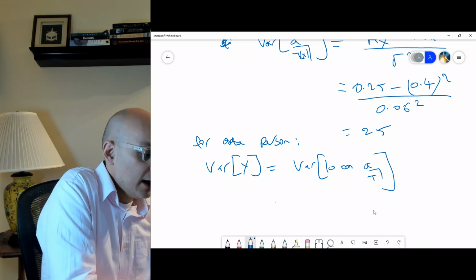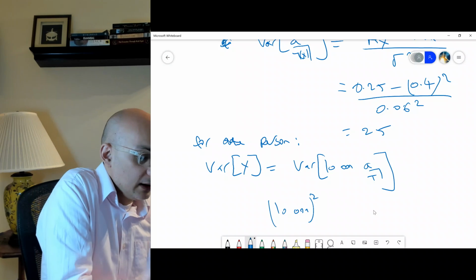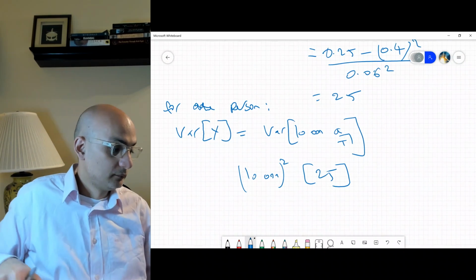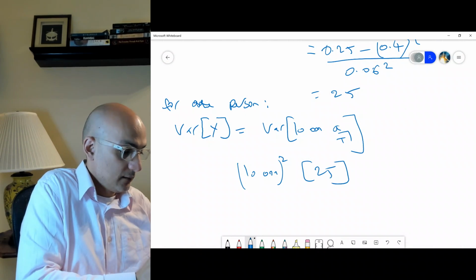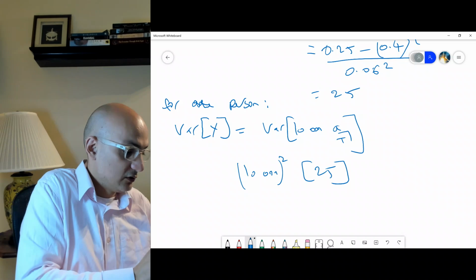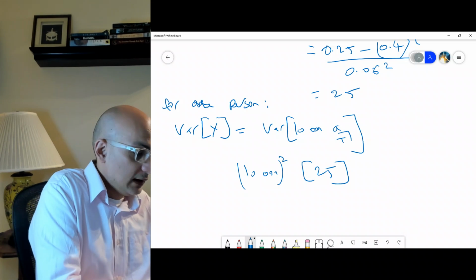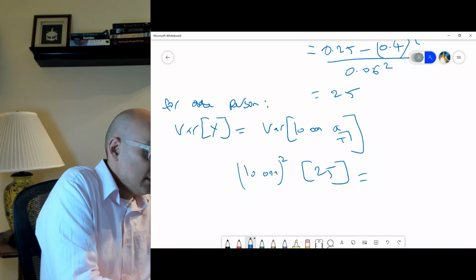If you take the 10,000 outside, it will become 10,000 raised to 2, and variance of ATX multiplied by 25. So 10,000 raised to 2 multiplied by 25. And then whatever the number, I'll keep it in the calculator.